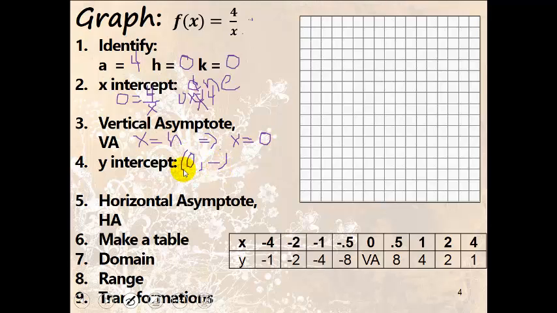And again, what's going to happen is y equals 4 over 0. Can I divide through by 0? No, so this is another one that does not exist. My horizontal asymptote is always the line y equals k. In this case, my k is 0, so that means y equals 0. I'm going to go ahead and put those asymptotes in red.